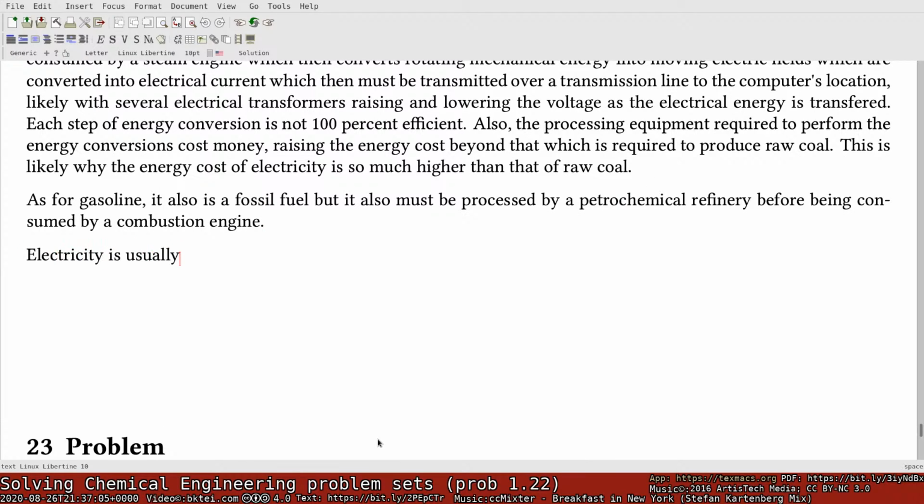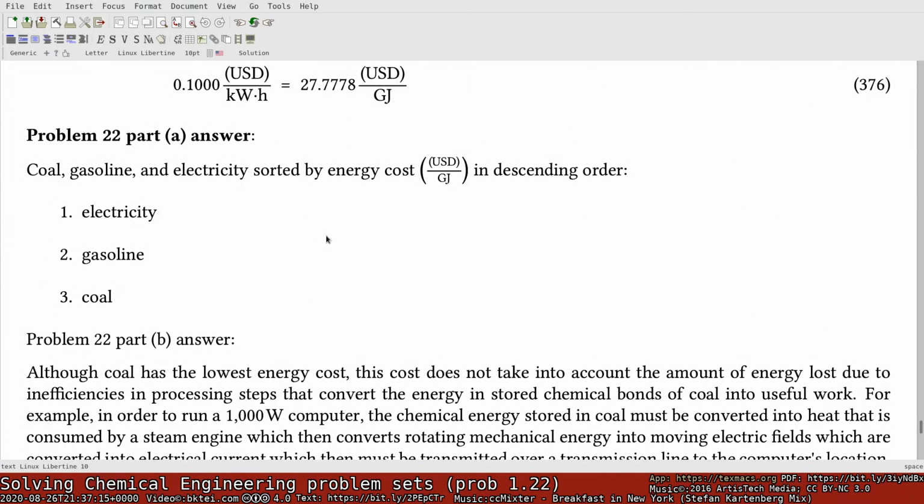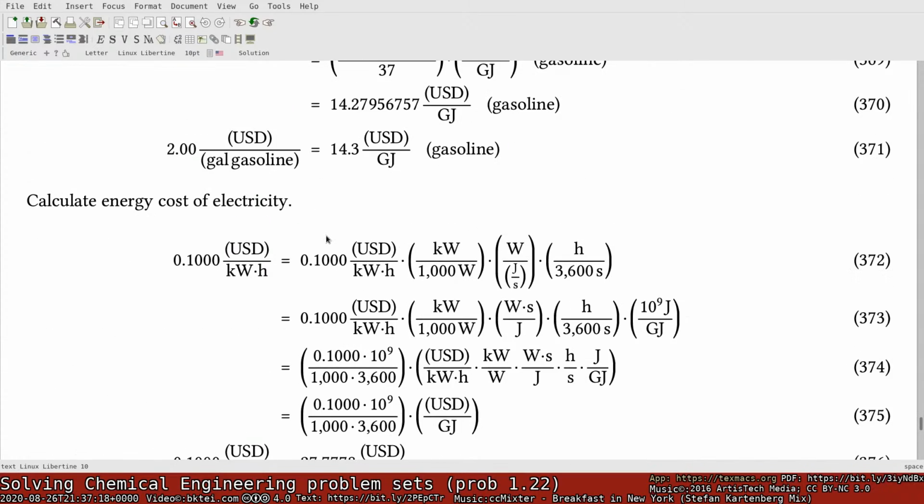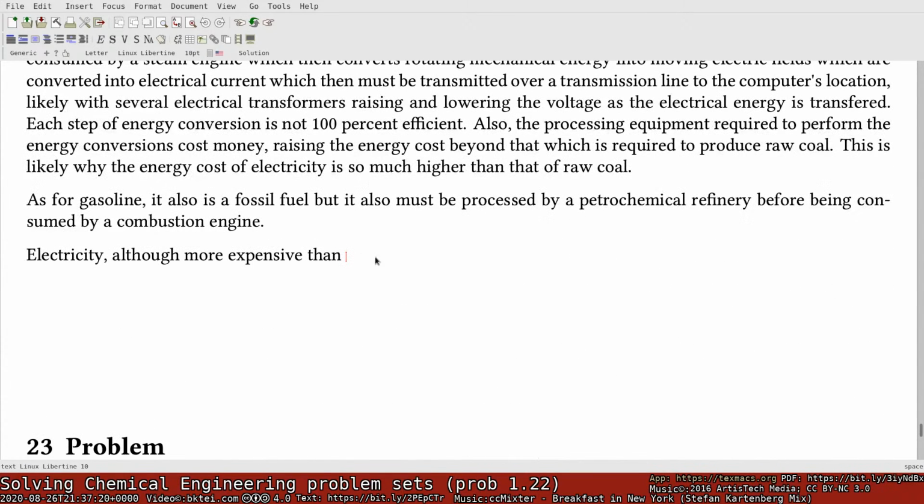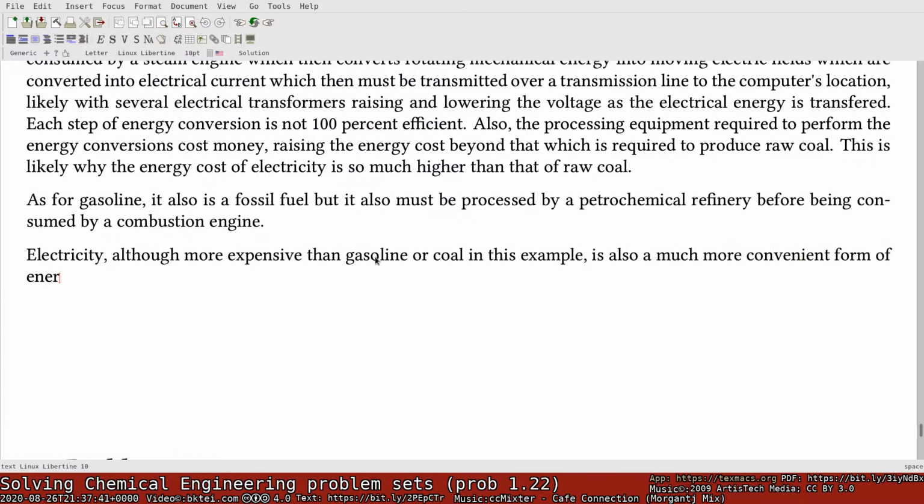Electricity, although more expensive than gasoline or coal in this example, is also a much more convenient form of energy.